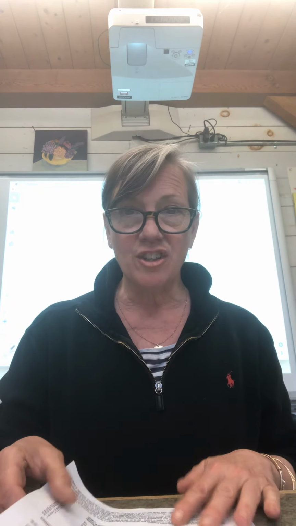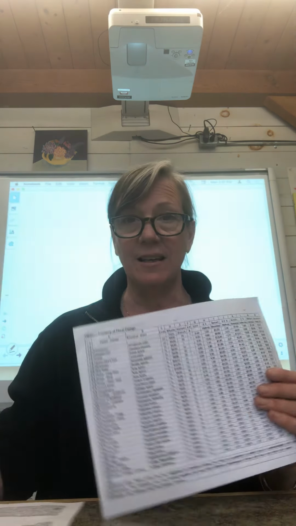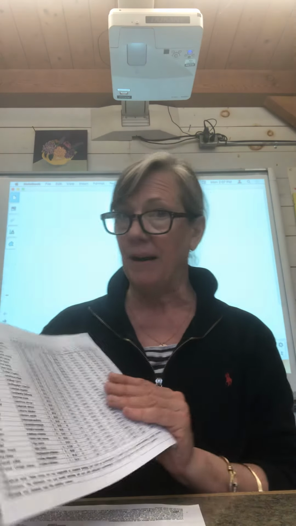Okay. One more thing I want to do in this introduction is just go over the sheets a little bit so you can see what's going on here a little bit better. What you should see on the sheets, again, the first column is our flower common name. Then the second column is the botanical name.